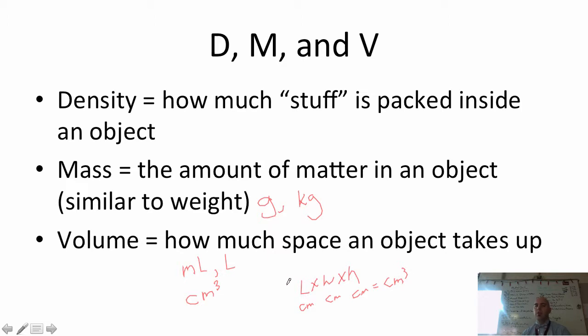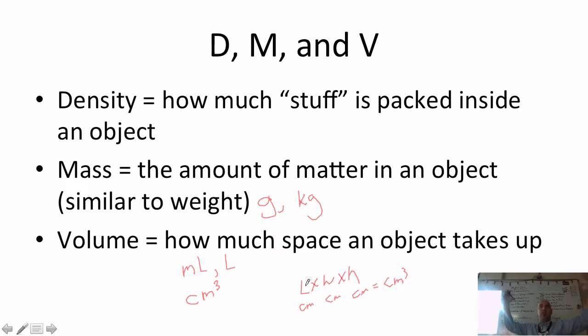All right. But the big idea here is that density is how much stuff is packed inside of an object, and that has to do with an object's mass and with its volume. Because remember when we were doing the balance and we had the 2 glass marbles over here and 13 or 14 of the wood marbles? When they balanced, what did we know about their mass? The masses were the same, but were their volumes the same?